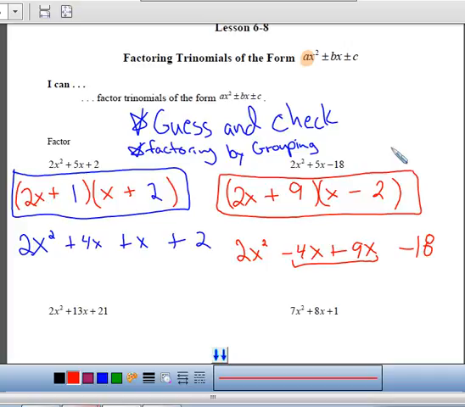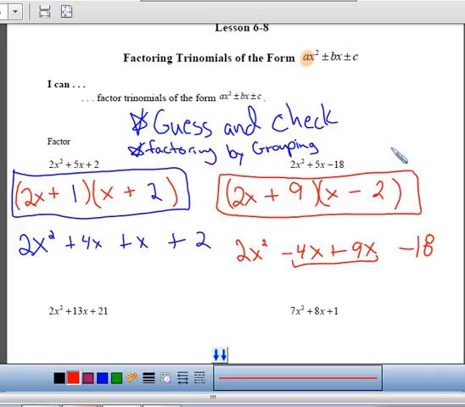Alright, the next video that I'm going to have is the factoring by grouping. I will demonstrate how to do factoring by grouping with a separate notes packet, and I will also come back to this lesson and show how you can do these same types of trinomials by factoring by grouping in the video so that you can see how it works.